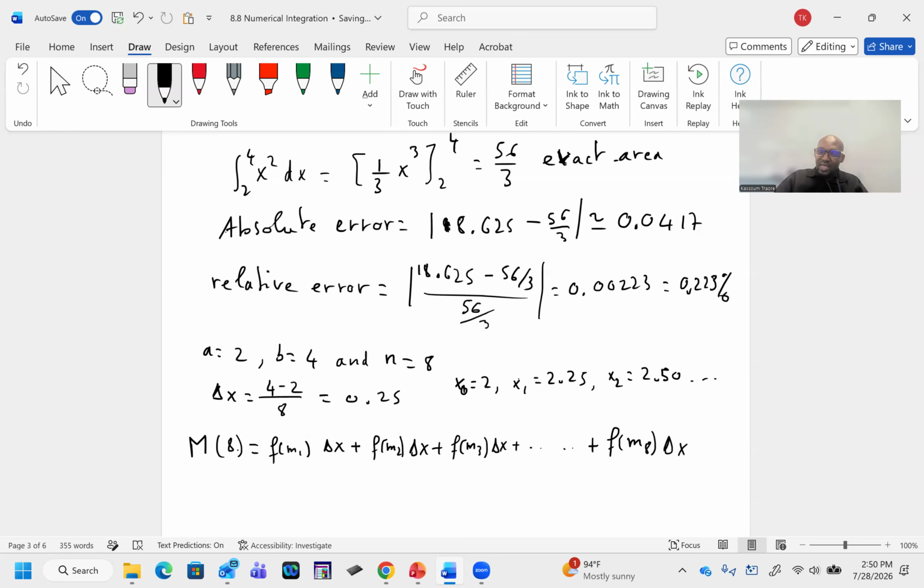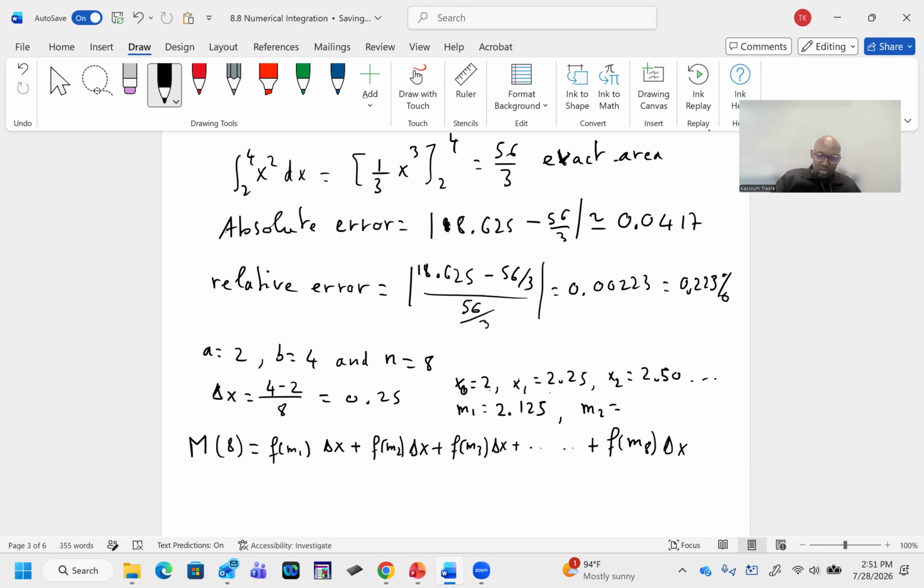So you will see your M1 will be what? You add 2.25 plus 2 and you divide by 2. That would be the midpoint, which would be M1. So M1 would be 2.125, and you can go ahead and find M2, which will be between X1 and X2.